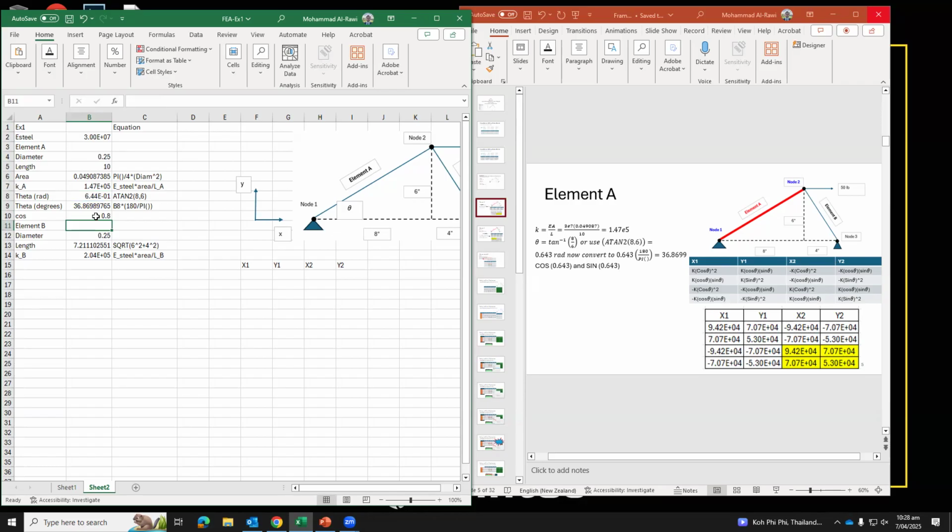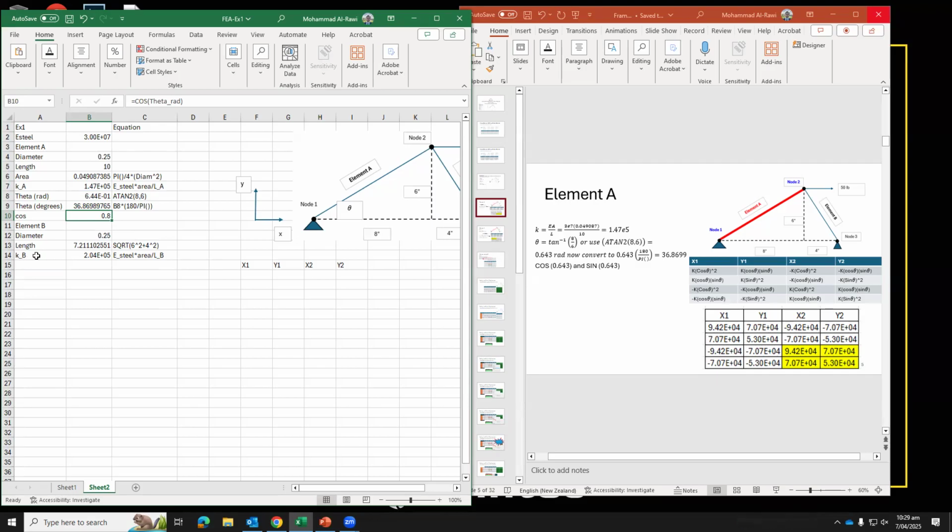Now, I'm not happy with V8, because I want to change that to call this cell theta in radians. Why? Again, to make my life easy. So now I can say equals cosine, and here I just say theta radians. Again, that is so I can call theta radians anytime.